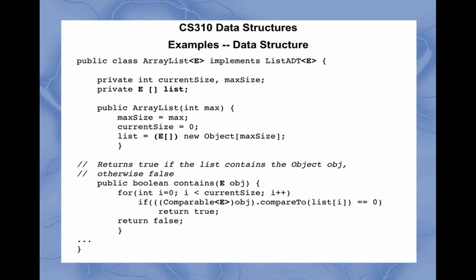Remember that what makes this work is polymorphism. That is to say, we cast our obj parameter to Comparable, which means at runtime, the compareTo method in this particular object, whatever it might be, is found and used. So the JVM will find the appropriate compareTo method at runtime and use it to do the comparison.